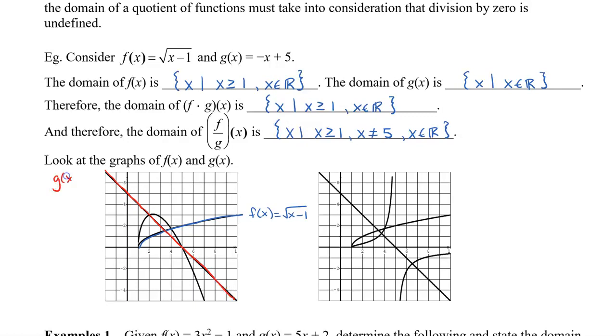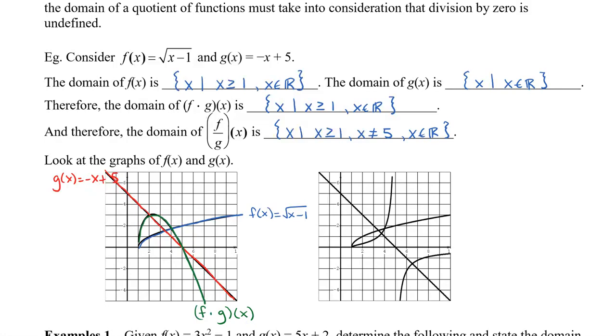So that's g(x) equals negative x plus 5. Then when we combine them together, we get this graph here, which I will outline in green. And this is (f times g)(x).